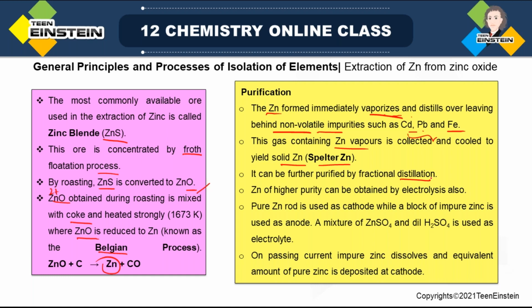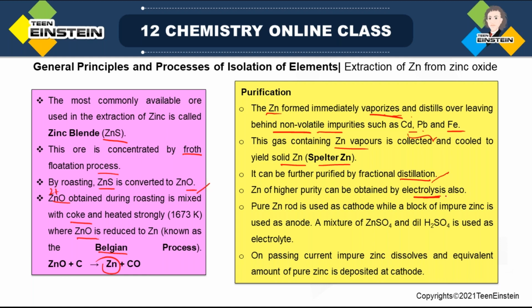So it depends on the percentage of purity that we want. If we do this fractional distillation further, the zinc that we finally get has very high purity. And another method by which we can get pure zinc is the electrolysis method.